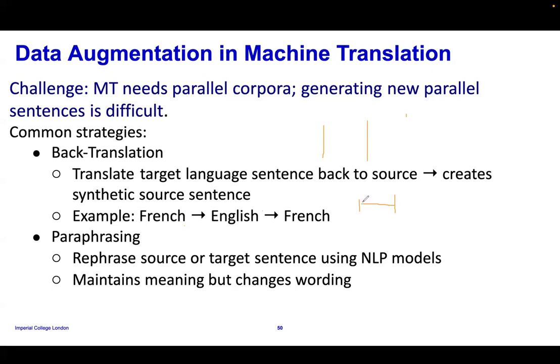So I can take this sentence and translate it into English. So this is Hausa, and this is English. How many sentences do I have here? I have parallel sentence one. This is Hausa, this is English.